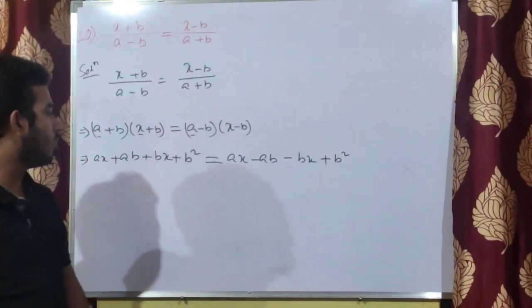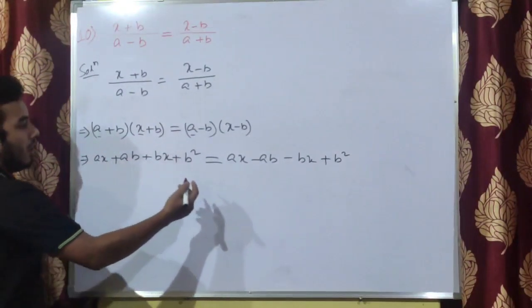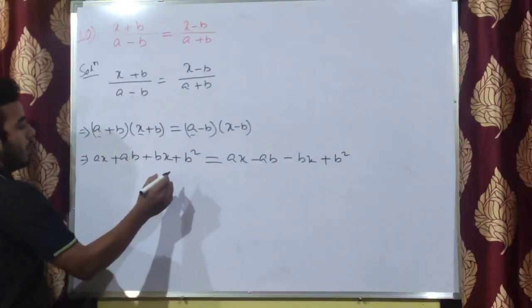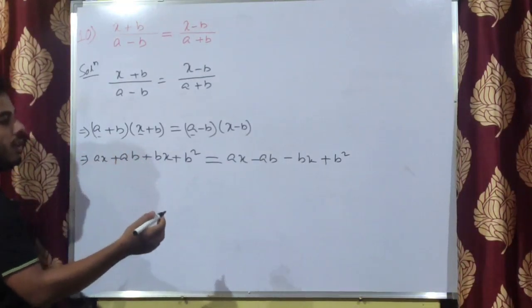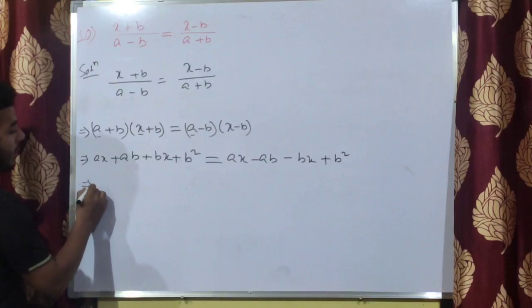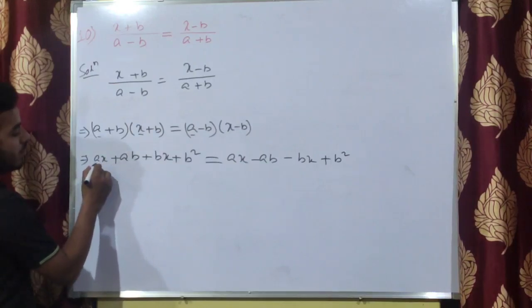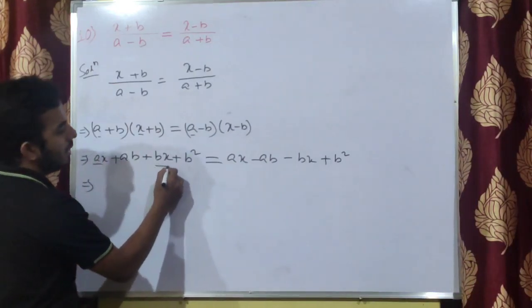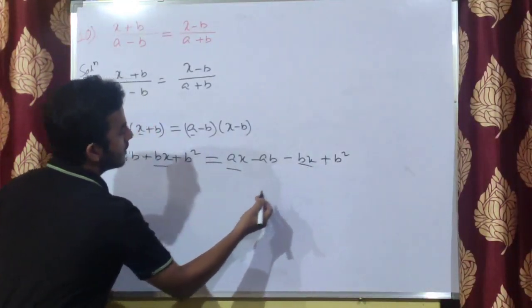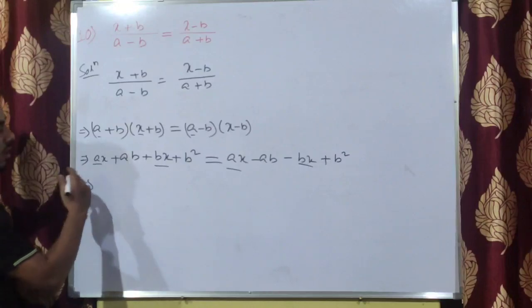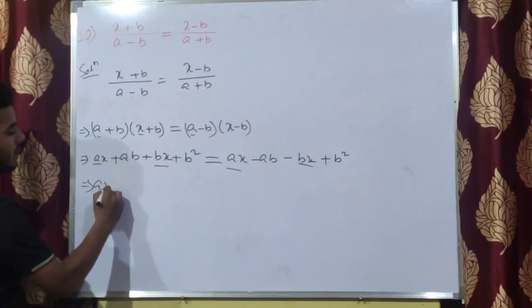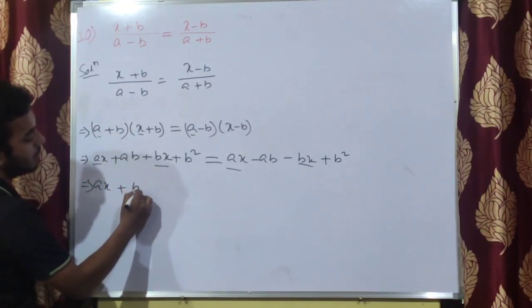So now what we will do is bring the expressions with x to one side and without x to the other side. So with x, which ones? ax and bx. This ax and bx are already in the left hand side, so we will keep them there, ax plus bx.